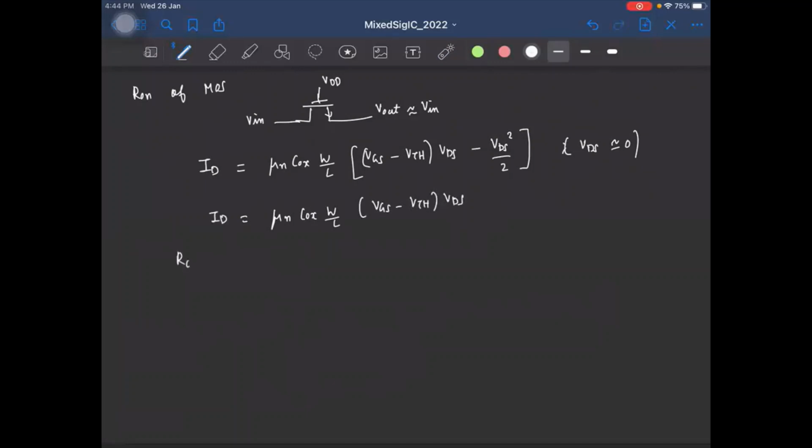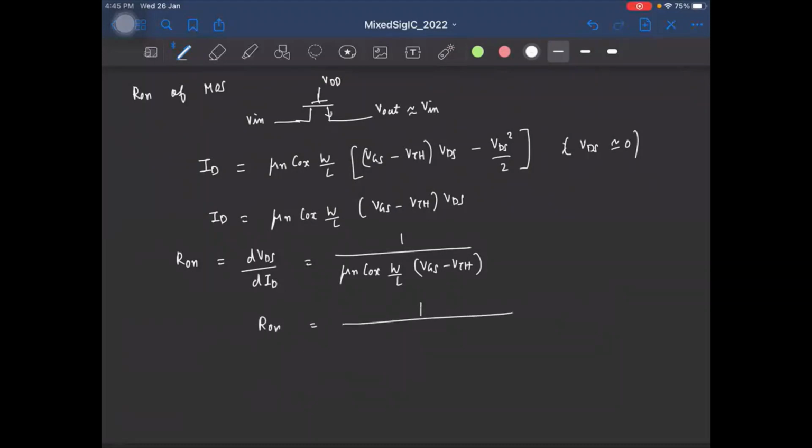So what is the on resistance? It is dVDS by dID, which is simply 1 by mu n COX W by L times VGS minus VTH. And what is VGS?